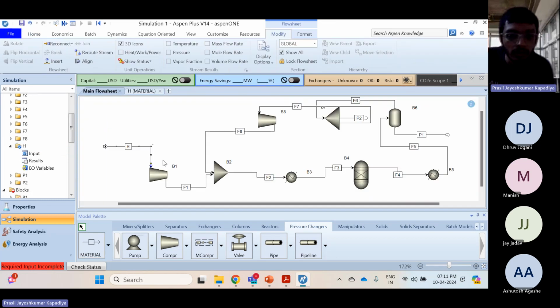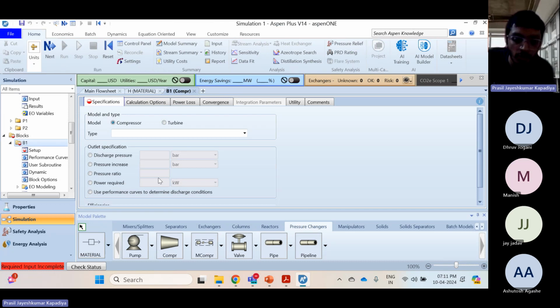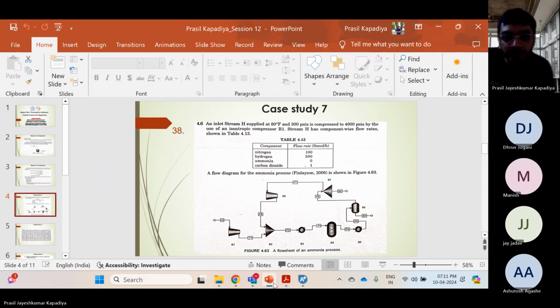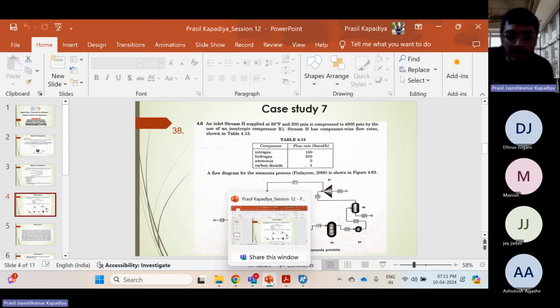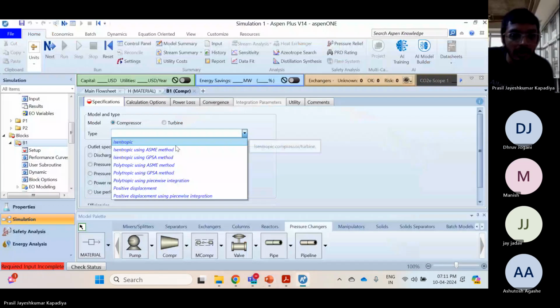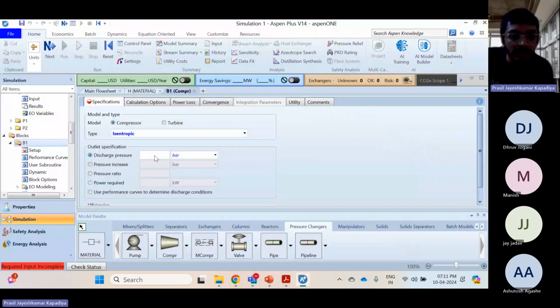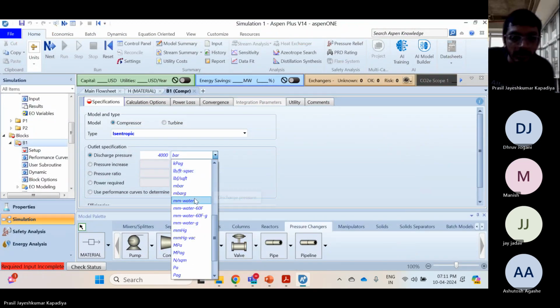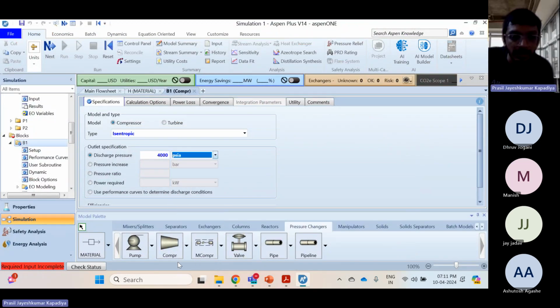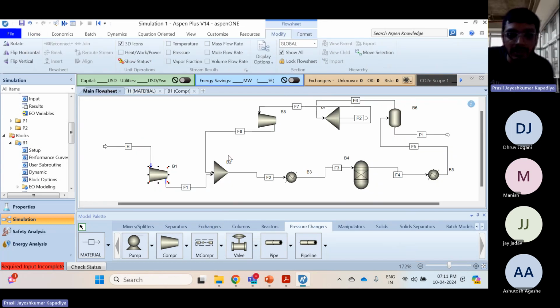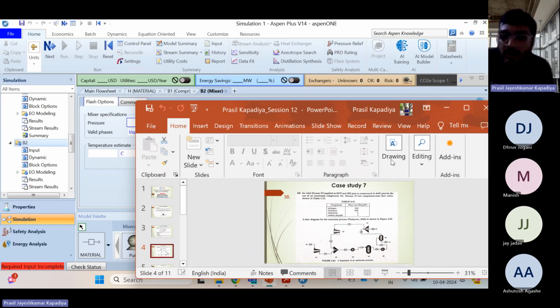Okay, then we will be going to the compressor part. Wait for our Gibbs model. Okay, 4000 PSI is the isentropic compressor discharge pressure. Then the mixer is also at 4000, I guess.